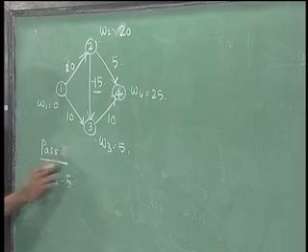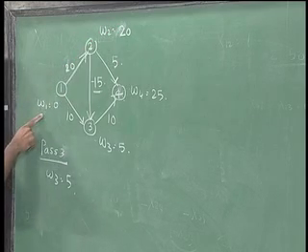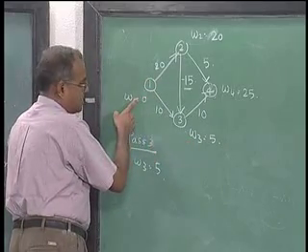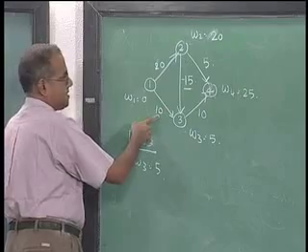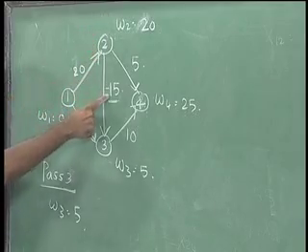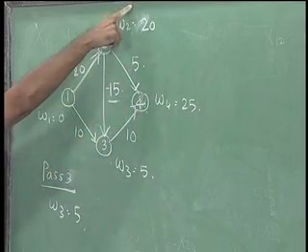Now, again in pass 3, verify for all ij whether Wj minus Wi is less than or equal to Cij. 5 minus 20 is less than or equal to 15. 25 minus 5 is less than or equal to 20.